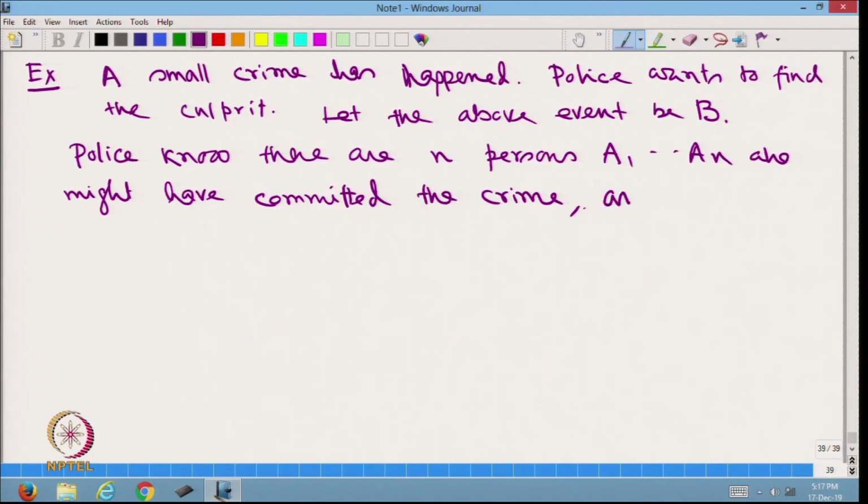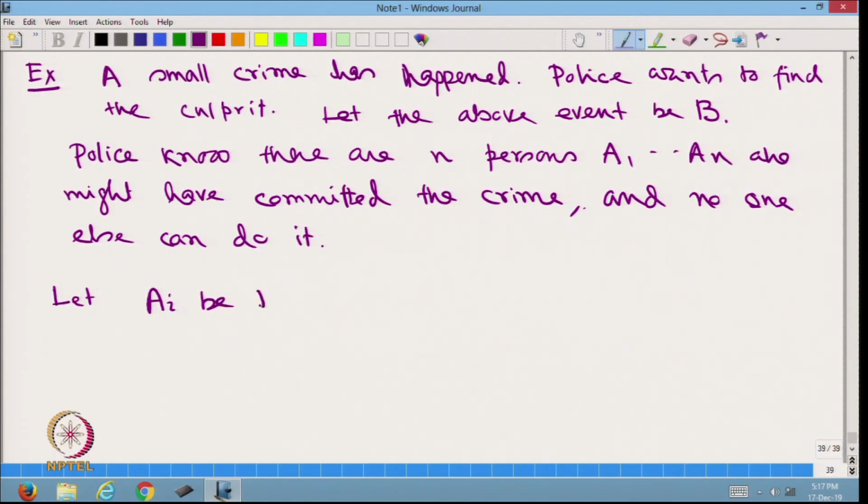And no one else can do it. Let Ai be the event that person i has committed the crime.